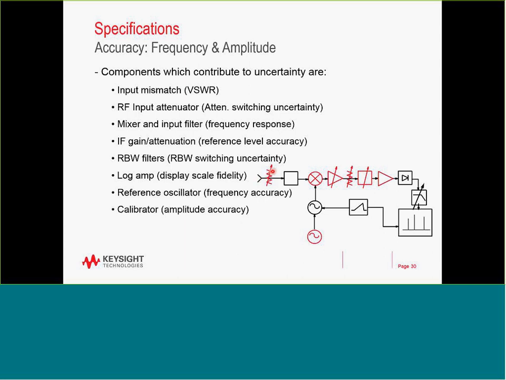But then you have to be careful, because if you switch the attenuator between two measurements, you're introducing some uncertainty by switching the attenuator. Then there's the amplitude uncertainty. The mixer input and the input filter will have an impact on the frequency response, on the amplitude.